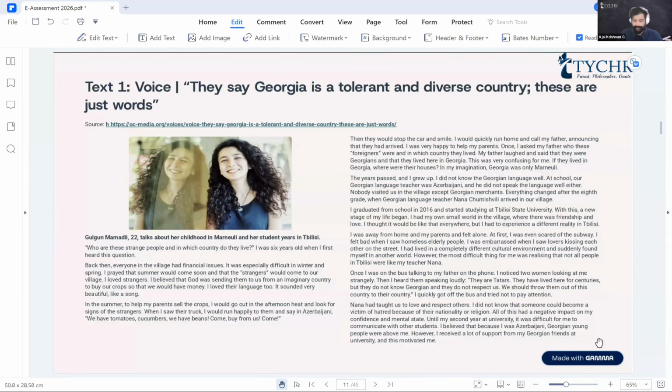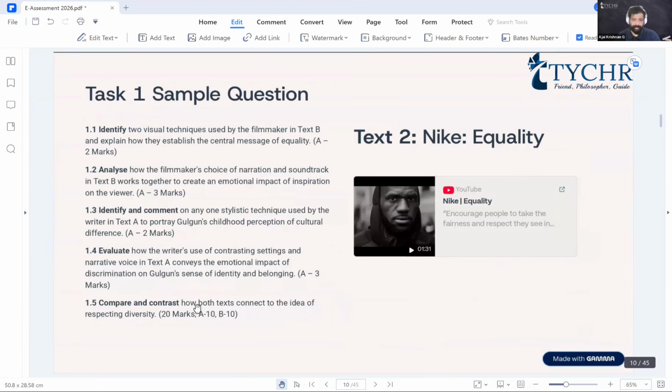So this could be used as a sample preparation task for you. You can use the same task, take a screenshot if you want. And then the question will be something like: compare and contrast how both texts connect to the idea of respecting diversity. Keep this question in mind because what we're going to do next is explain the structure of how to write a proper essay. So you can keep this question in mind to see if you are writing the response as per requirements.